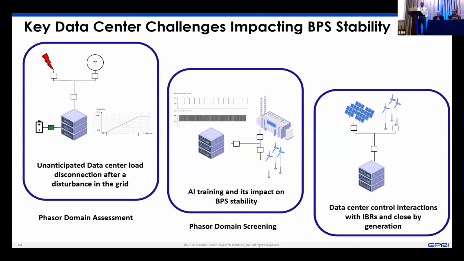These types of things we can study in Phasor domain. There is a lot of benefit in studying these things in Phasor domain because the impacts that you're looking at affect the interconnection, so you want to have some place where you can study a large enough model. Phasor domain is that.